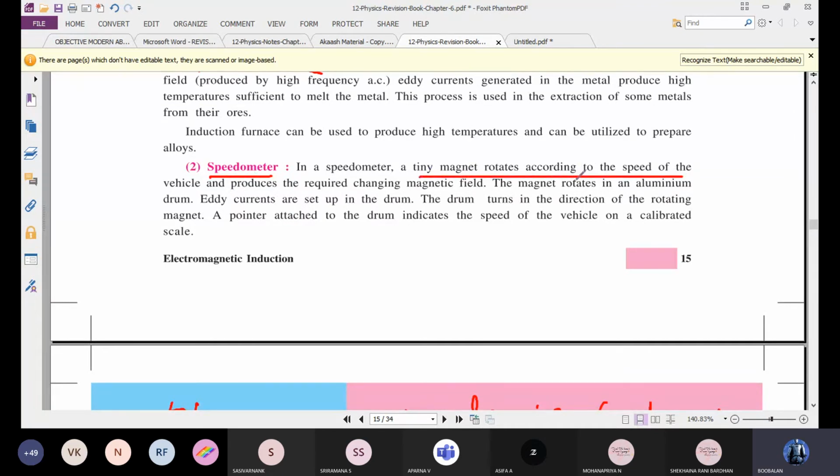A magnet rotates according to the speed of the vehicle and produces the required change in magnetic field. So here also they use an aluminum drum. That specific detail is important: aluminum drum we are using.